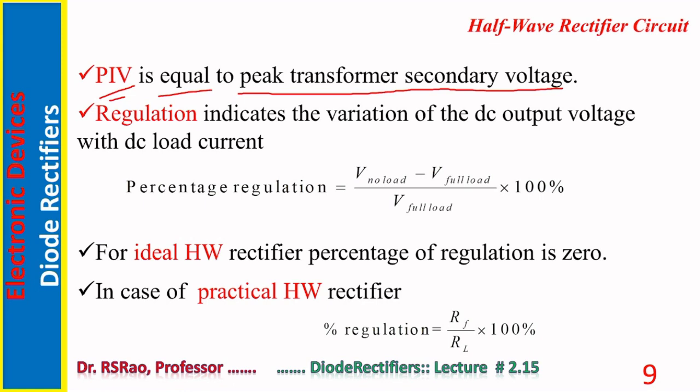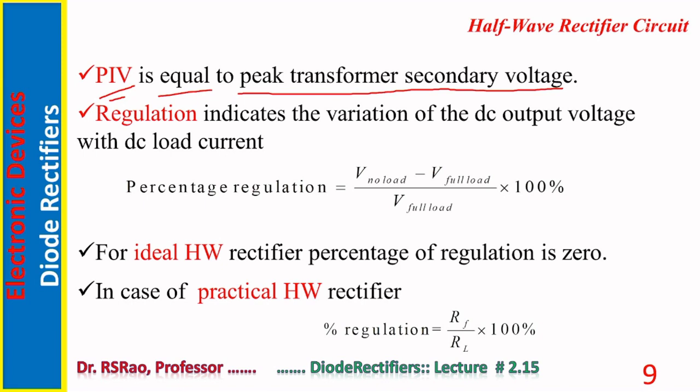That is peak inverse voltage. If this voltage happens to be very high, then the diode may not be able to withstand such high voltages, and it may result in breakdown.